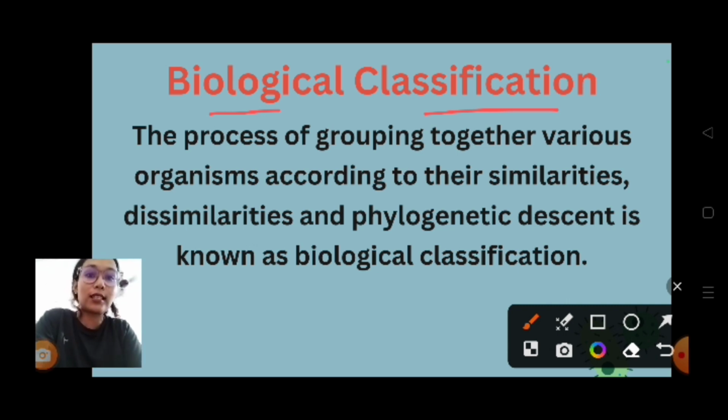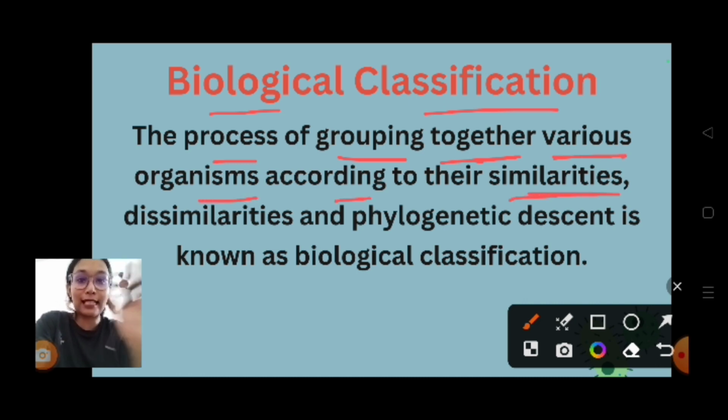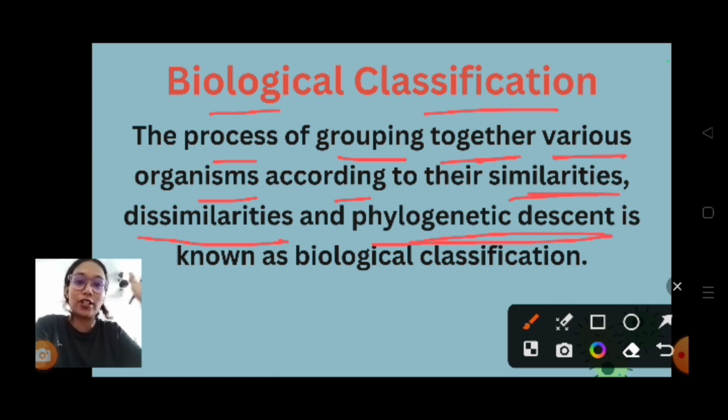The definition says it is a process of grouping organisms together according to their similar and dissimilar characteristics and phylogenetic descent. This is known as biological classification.